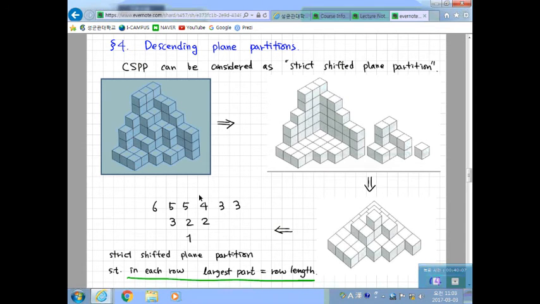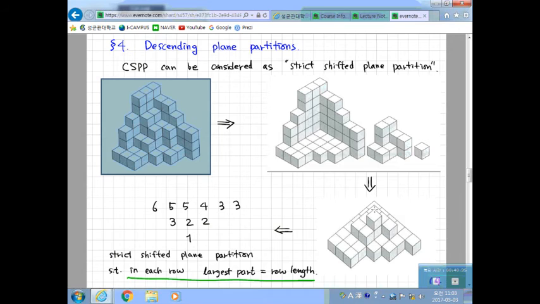And we have one more additional condition, which is that in each row, the largest part is equal to the length of the row. What is the largest part in this row? 6. What is the length of this row, or the number of parts here? 1, 2, 3, 4, 5, 6. 6 is equal to the number of parts. 3 is equal to the number of parts. 1 is equal to the number of parts. We must have this condition. Why?